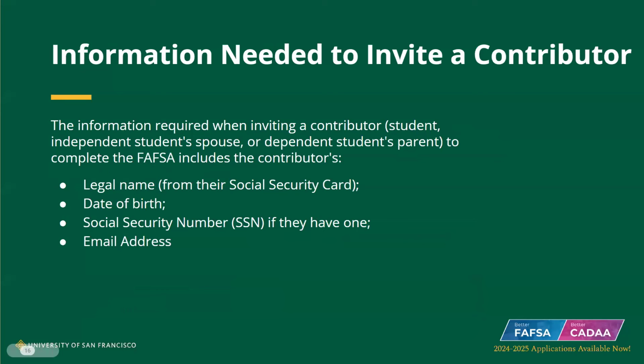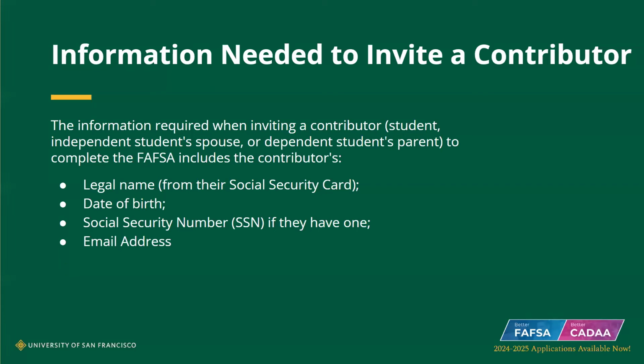Okay, so to invite a contributor: once you complete the FAFSA as a student or as a parent, it says, okay, now we need to get information from the other people that need to be on your FAFSA as well, that need to consent to FTI information or that need to add their information. So those are your contributors. They're going to ask you to tell them who those contributors should be. That information is not in the FAFSA, so you will need the legal name from their Social Security card.